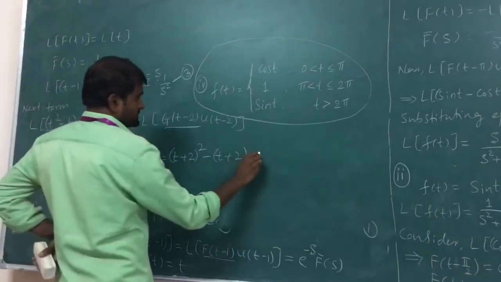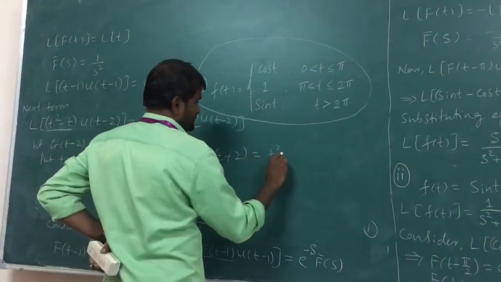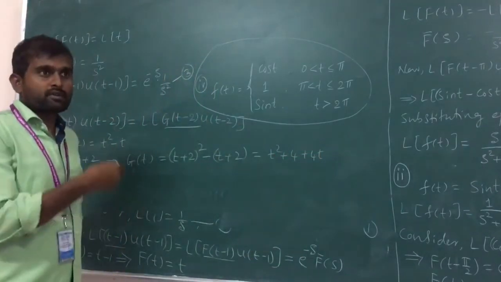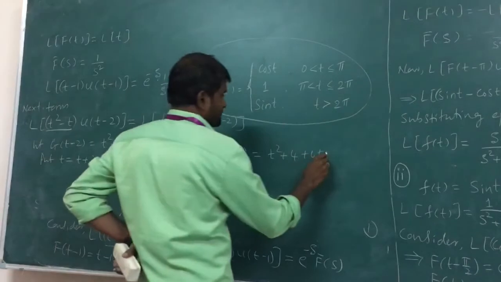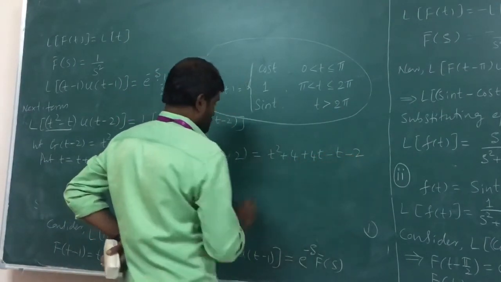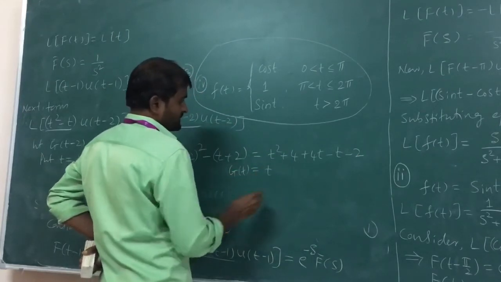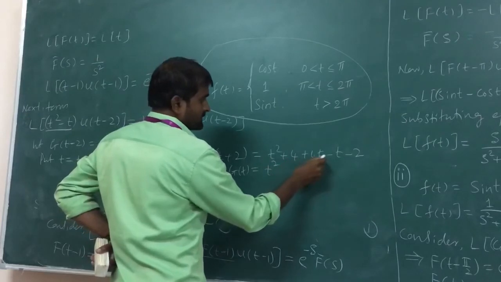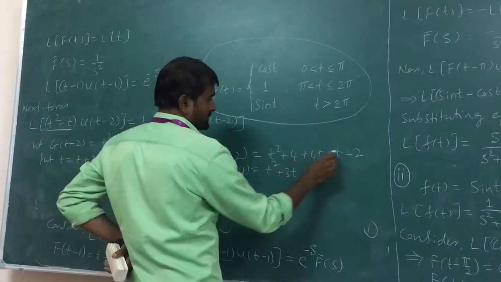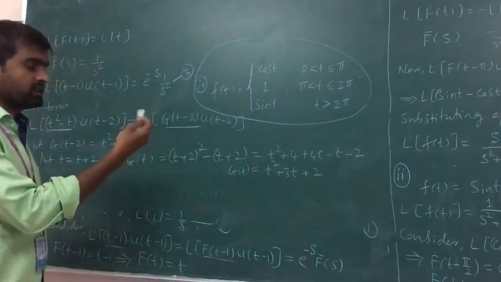Solve: t plus 2 whole square is (a plus b) whole square, t square plus 4 plus 4t, minus t, minus 2. Opening the bracket, this is capital G of t: t square plus 3t plus 2.